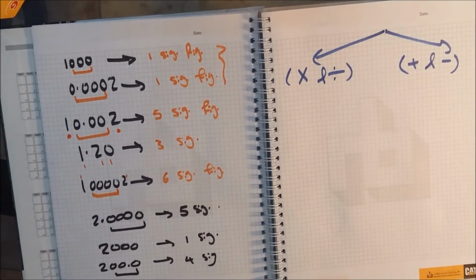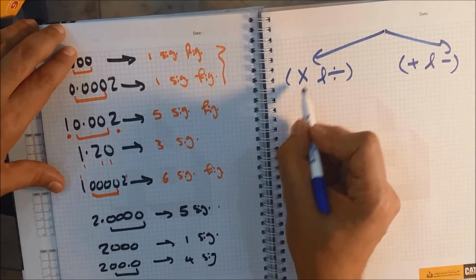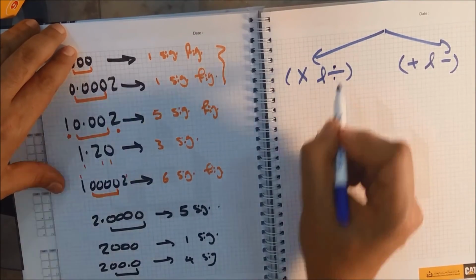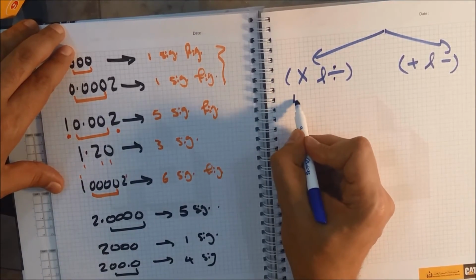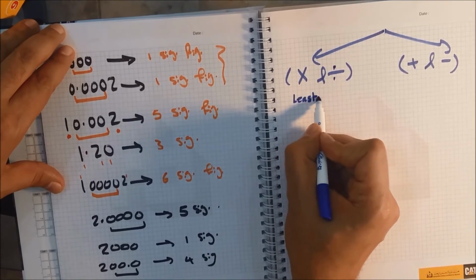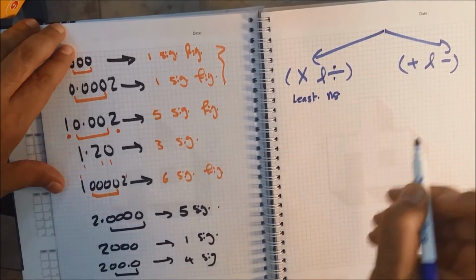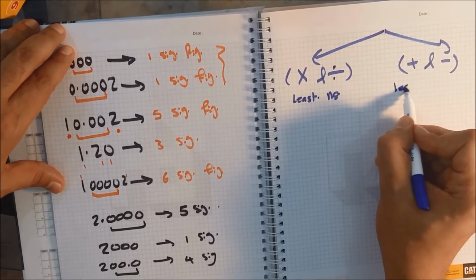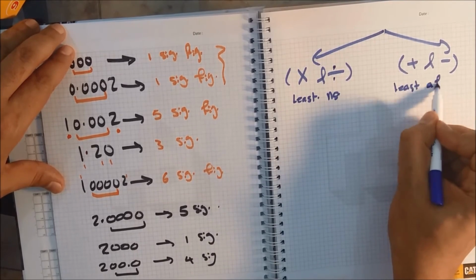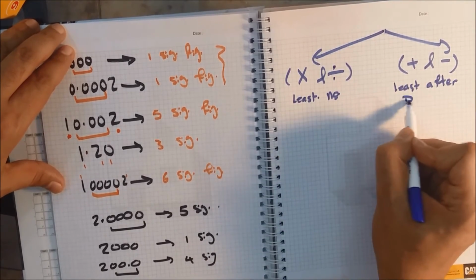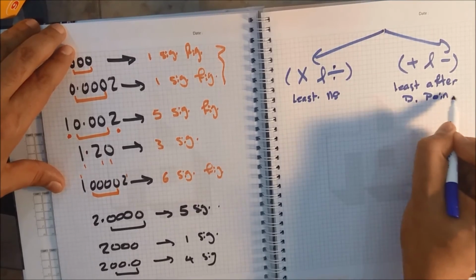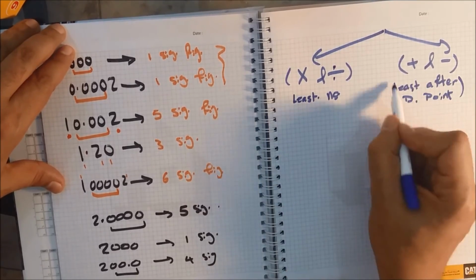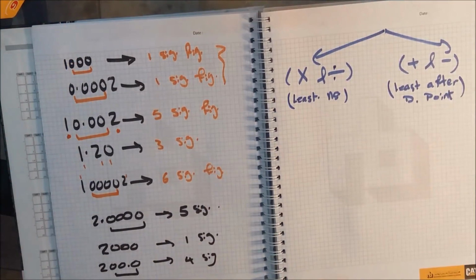Multiplication and division, they have a very simple rule, which is the least number. Here, the least after the decimal point. I will explain what I mean by these two secrets.